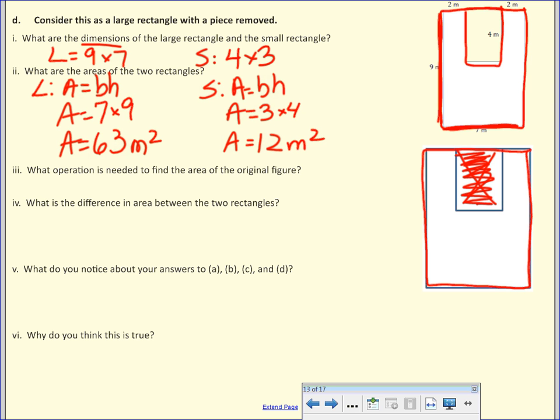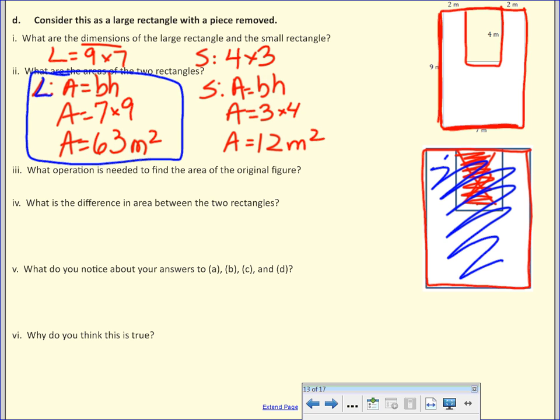Do I know the area of this stage yet? I know the area of the large rectangle, which is blue. And I know the area of the small rectangle, which is red.